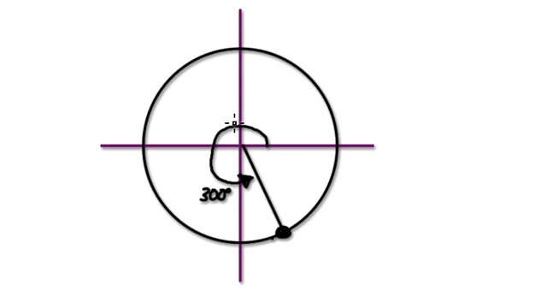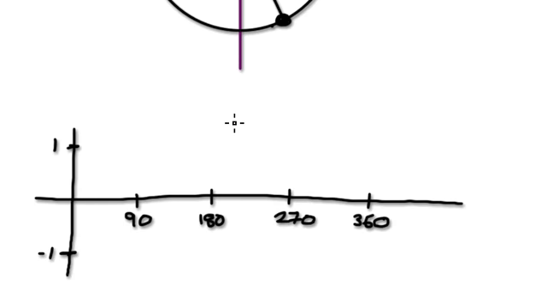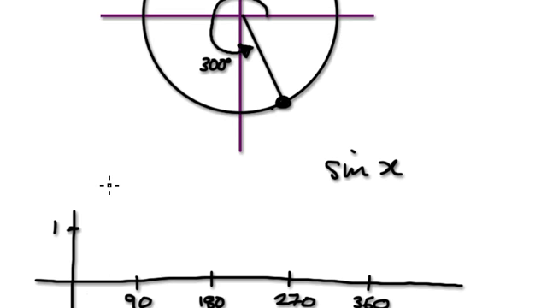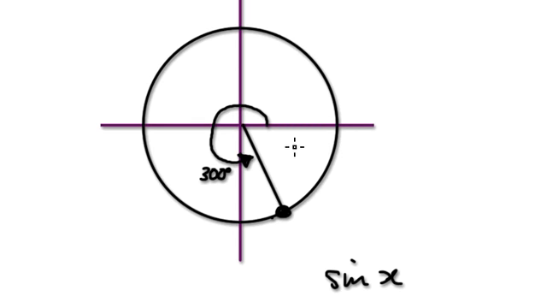Okay, so first let's try and sketch the sine x graph. Roughly looking at this here, if you draw a vertical line here, remember sine x represents the height of this thing, and in this case it's a negative height.